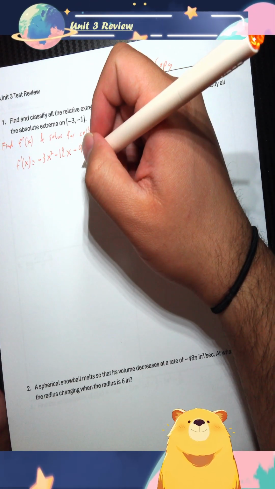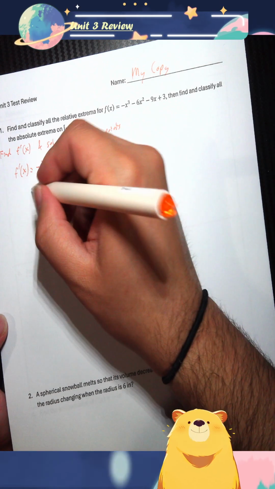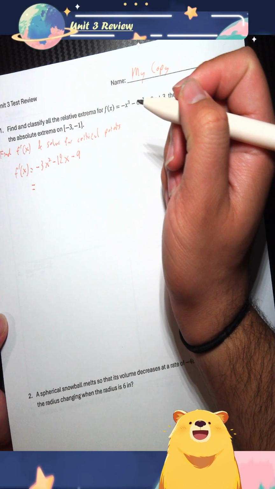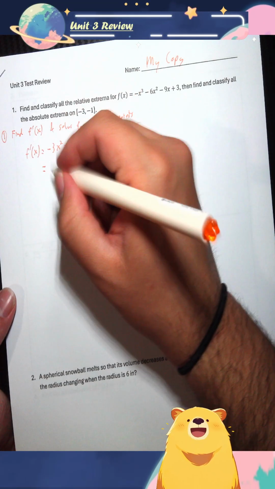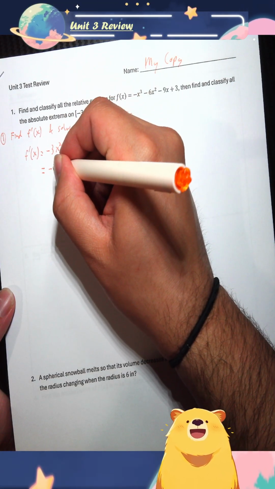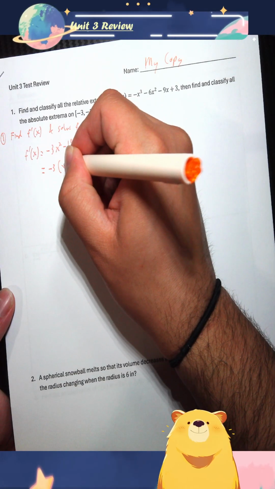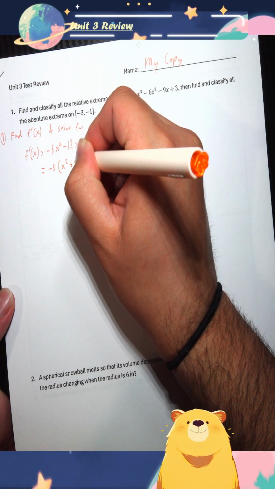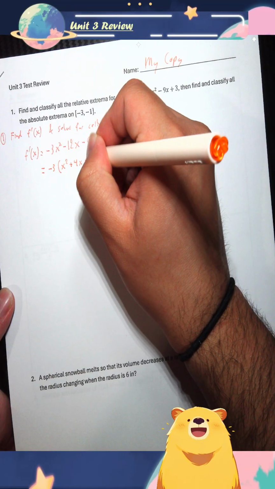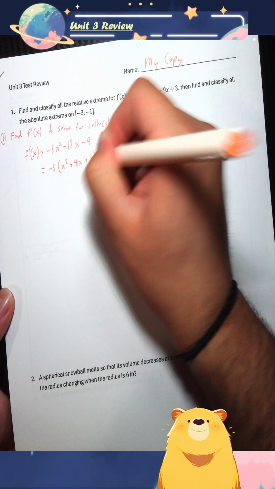From here, because we're going to eventually set this equal to 0, it'd probably be in our best interest to start factoring already. So I'm going to factor out negative 3 since it shares that. x squared plus 4x plus 3.